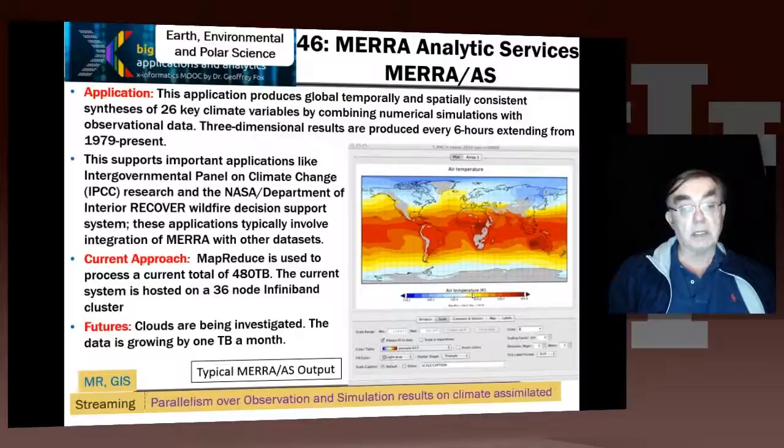There's 480 terabytes, and it's growing by a terabyte a month. And this, like some of the other simulations, has parallelism over the observational data and parallelism over the simulation. The simulations, of course, will run not with HPC supercomputers.